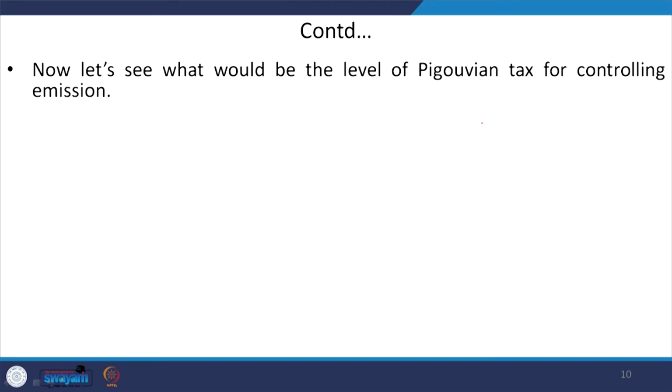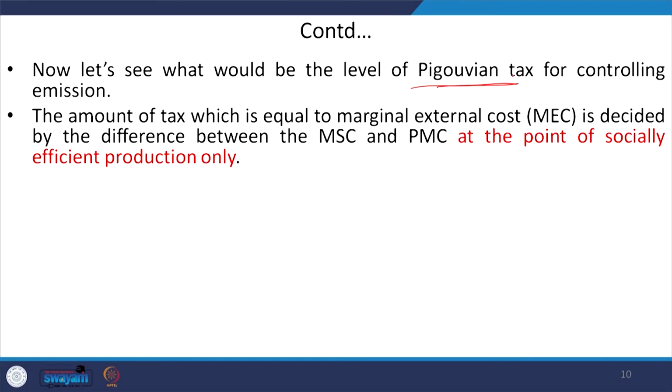So, now we will be just considering what would be the level of this Pigovian tax for controlling the pollution itself, right. So, what is the amount of this Pigovian tax, or what would be the extent of Pigovian tax? So, we know that this Pigovian tax is equal to the marginal external cost, right.